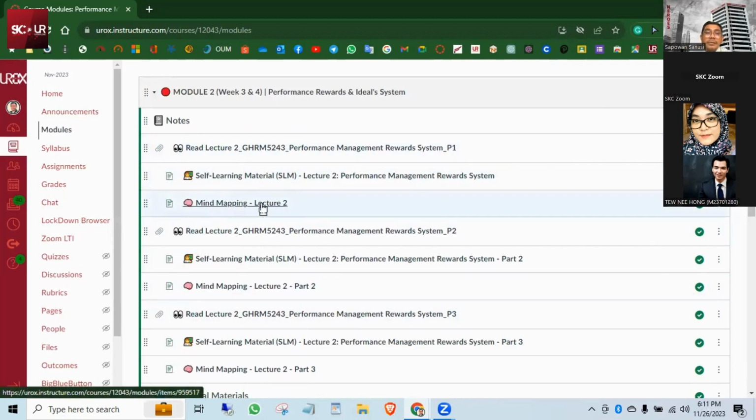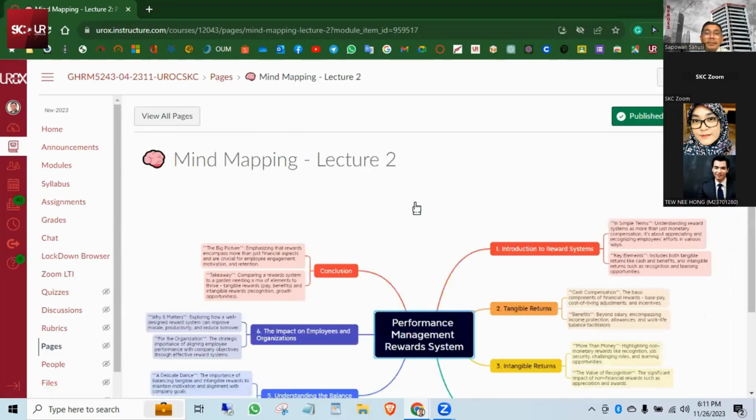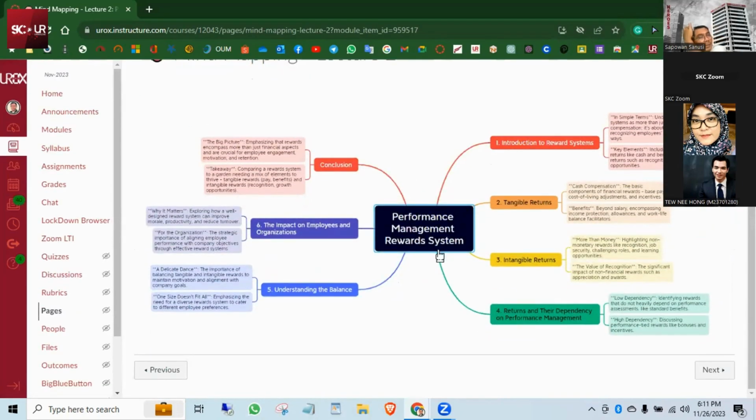On topic 1, performance management, we will discuss more on the reward system, and also the tangible reward, intangible reward, and their dependency on performance management. Understanding the balance of using the model, the impact on employee and organization.